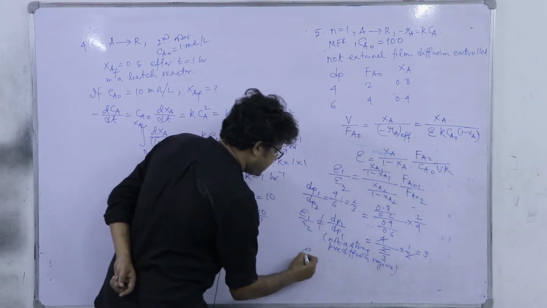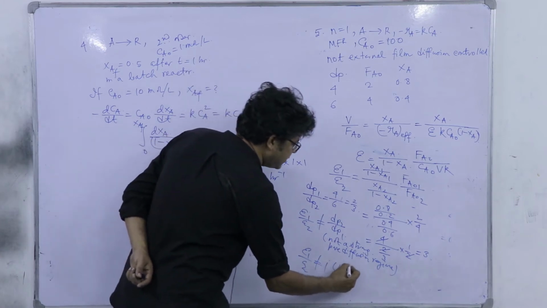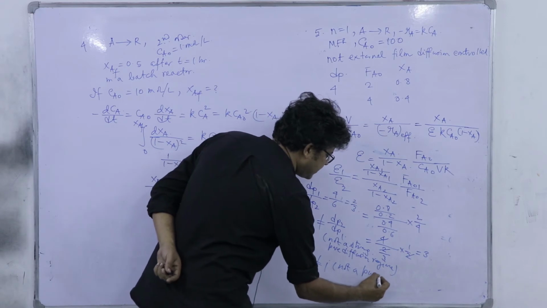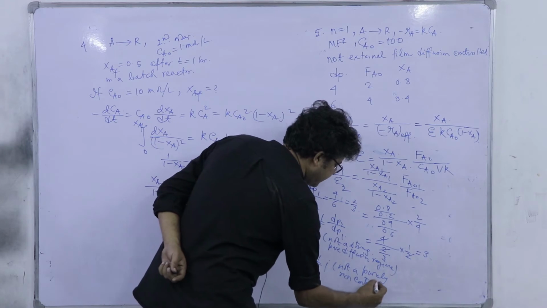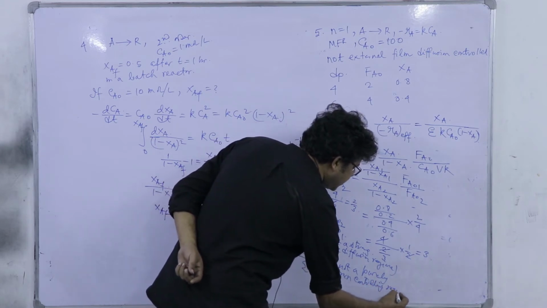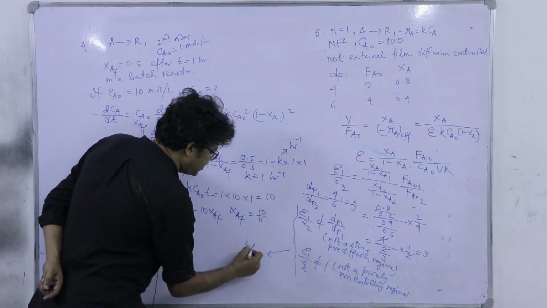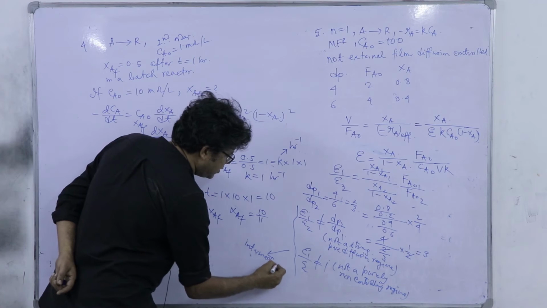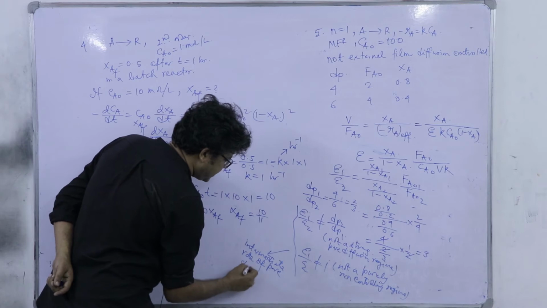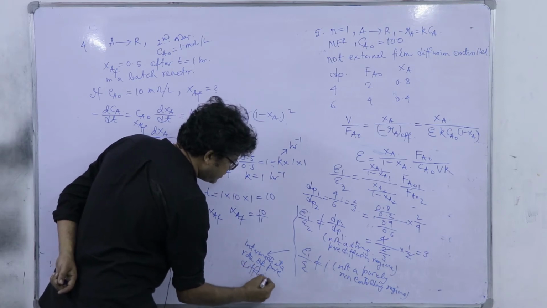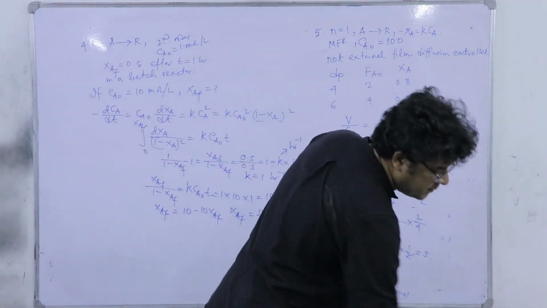Additionally, epsilon 1 by epsilon 2 is not equal to 1. So not a purely reaction controlling regime. So what can we conclude? Here it is an intermediate role of pore diffusion. So pore diffusion is playing an intermediate role here.